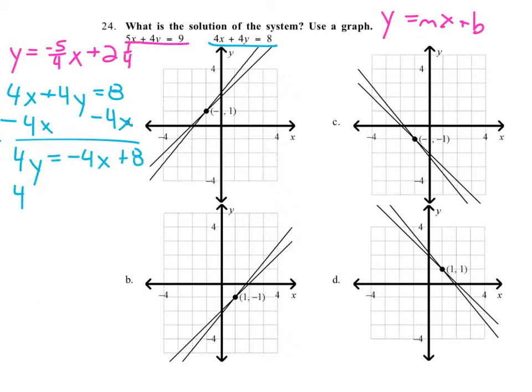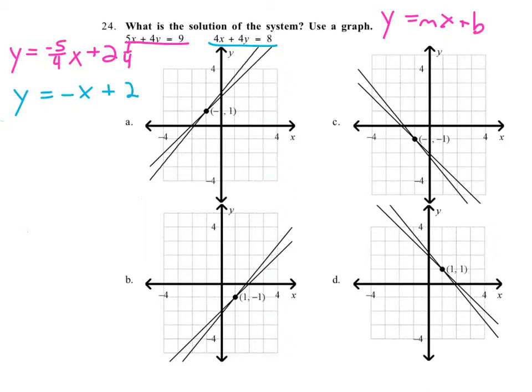Now when I divide everything by 4, which is the coefficient of y, so it just reads a single y, what I get is y equals negative 4 divided by 4, which is negative 1. And I don't write negative 1x, I just write negative x. And then 8 divided by 4 is 2. So that is that second equation. Let me erase that and move it up.